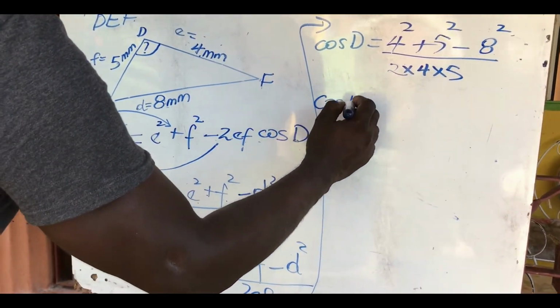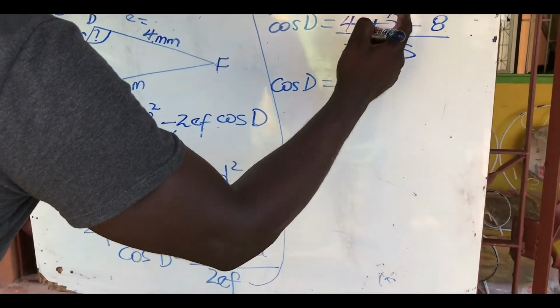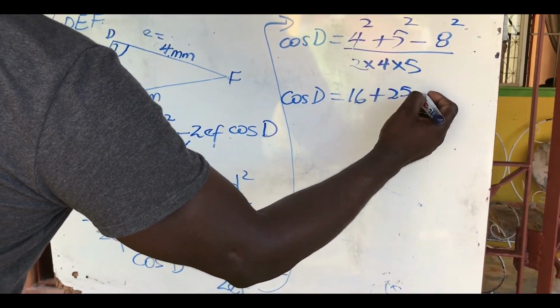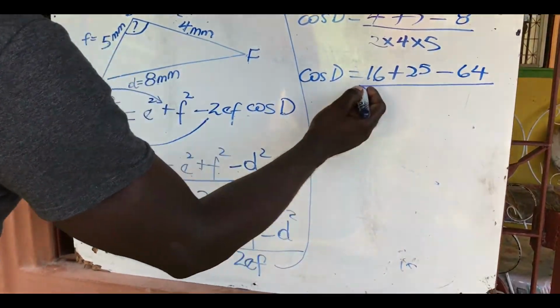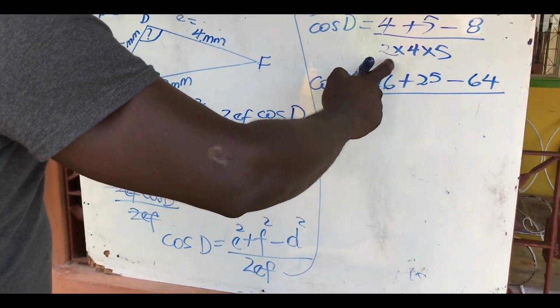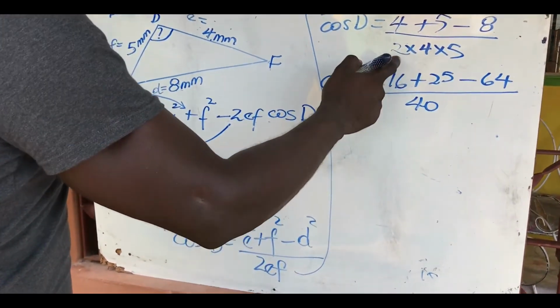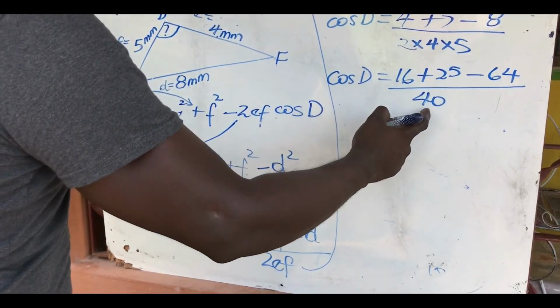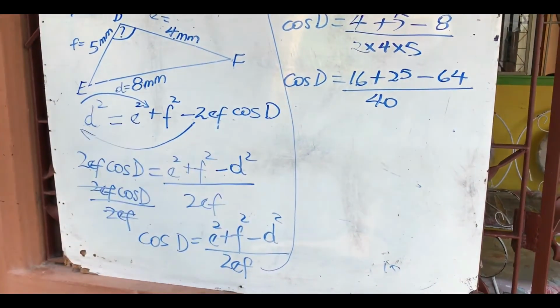So I have cos D equals 4 squared is 16 plus 5 squared is 25 minus 8 squared is 64 all over 2 5s 10, 10 4s is 40, or I could say 2 4s 8, 8 5s is 40. So no matter the order in which we multiply, we will get the same product.